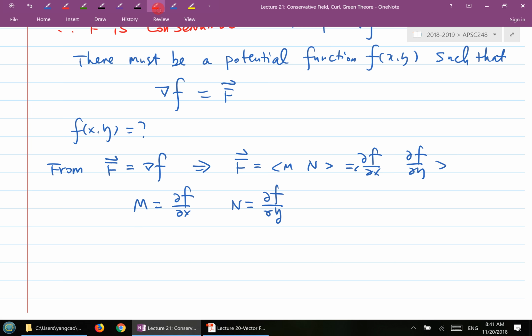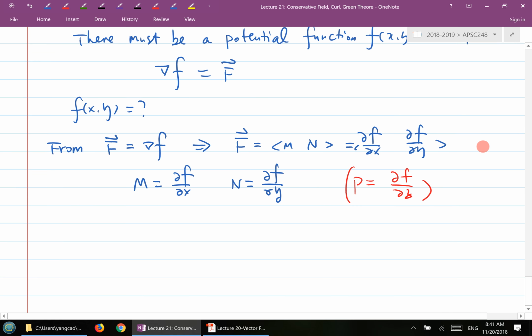If you have a function of 3 variables or a 3D vector field, then you're just adding another partial derivative, and P equal to this. So let's focus on the current example.